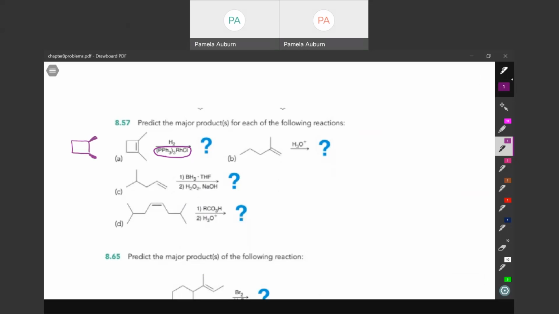Then B, I'm simply adding acid, and we're going to assume it's an acid with a non-nucleophilic conjugate base. And so that's going to simply put an OH group on the more substituted carbon. 1, 2, 3, 4, 5. 1, 2.